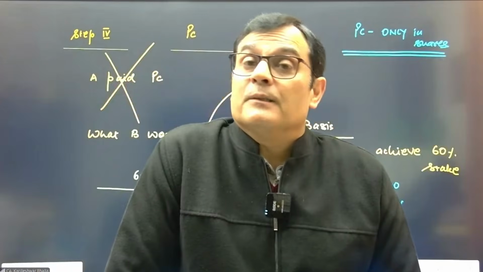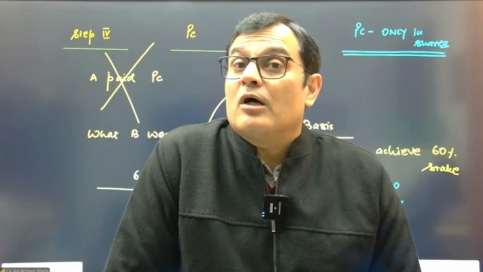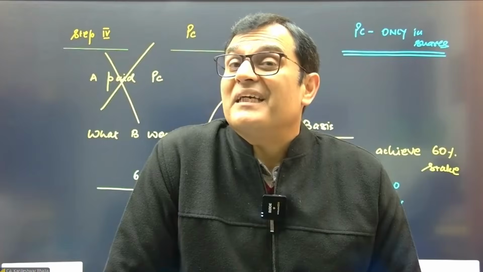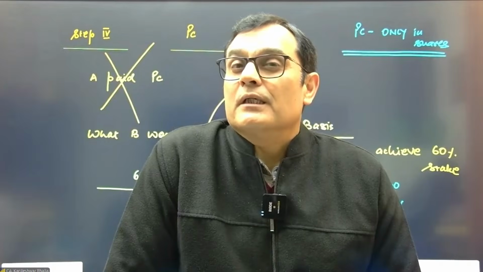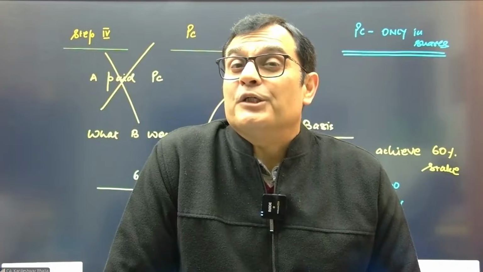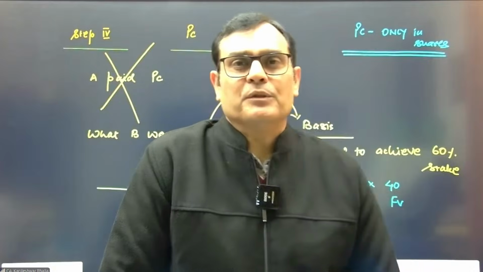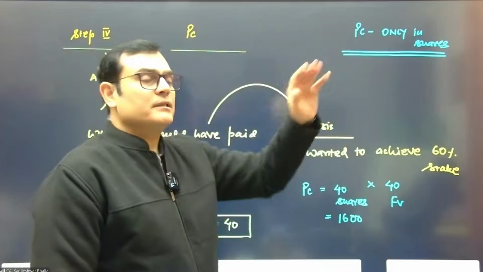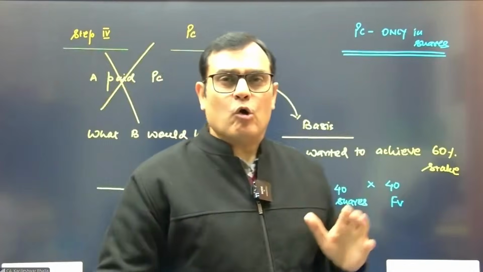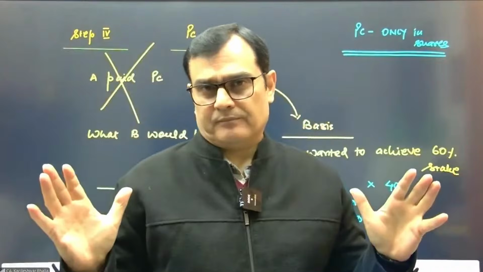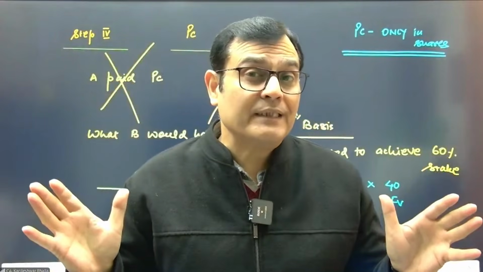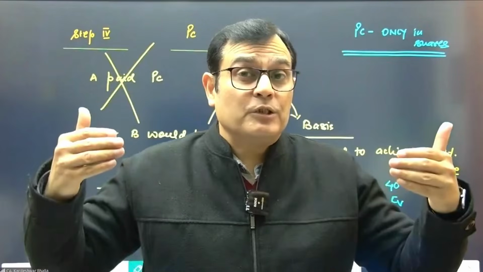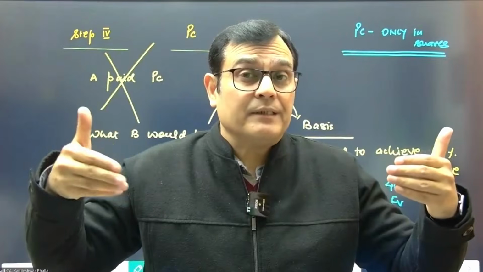In this case, the purchase consideration is not what you would have paid, but you need to consider by paying this, what did you get? Mind the words. The standard says if the purchase consideration is only in terms of shares, you don't need to see what B would have paid.